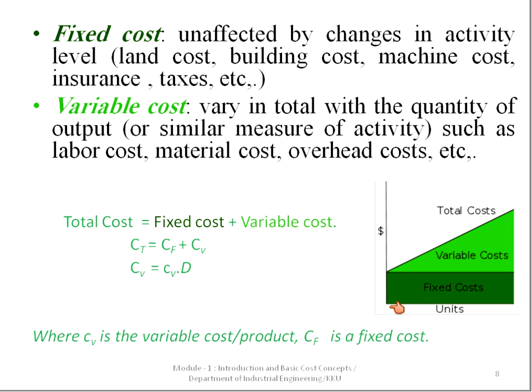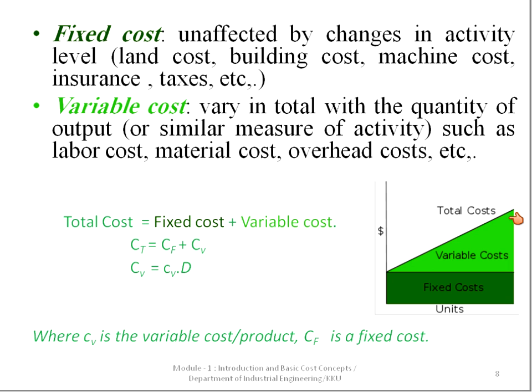So when there is a change in output from 1 unit to 2 units, 3 units, the variable cost of the product will also increase. See, there is a linear increase in variable cost. I'm showing it in the graph. From 0, it increases in a linear fashion. It is fitting a straight line. It starts from 0 unit production, and then when the output is increasing, the variable cost is also slowly increasing.